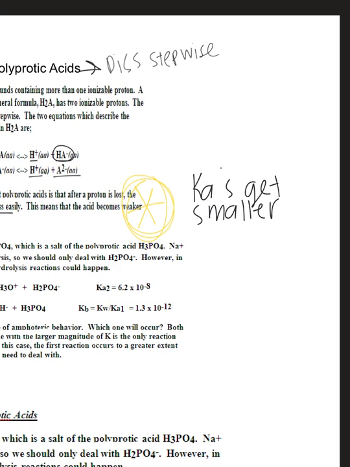Okay, and remember, the smaller K we have, the less likely it is to dissociate, or it doesn't dissociate as much, or just to a very, very small degree. So every time it loses a hydrogen, these Kas get smaller. The hydrogens are harder to lose.